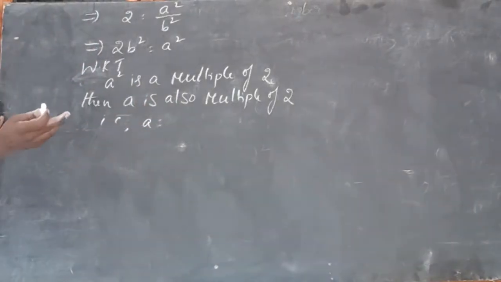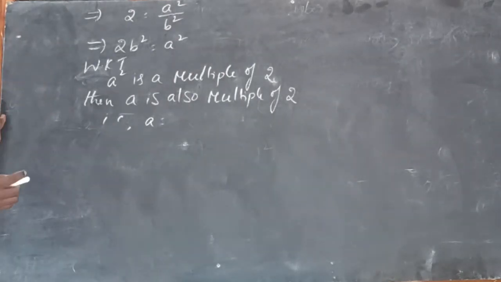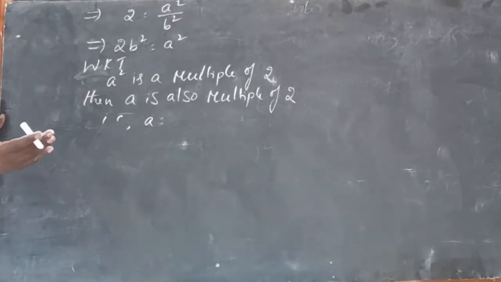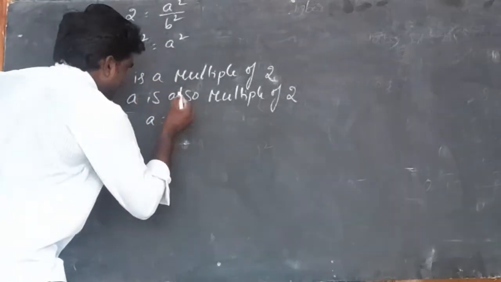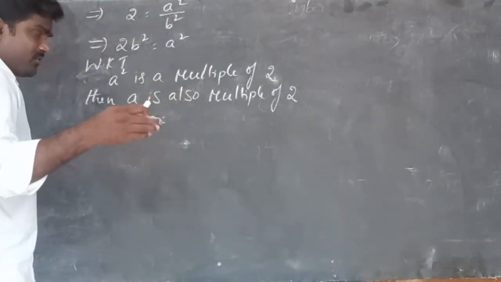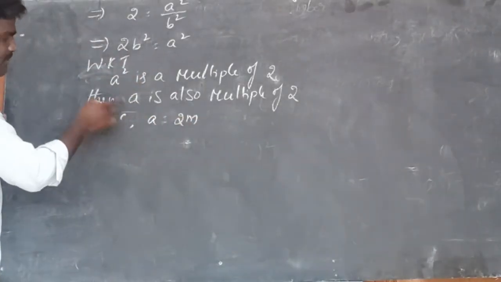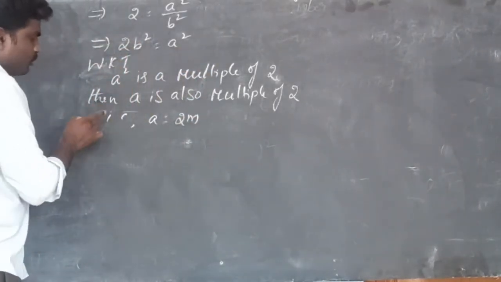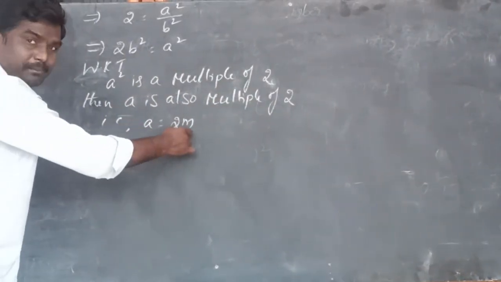A multiple of 2 is nothing but an even number. Even numbers are in the form of 2n. Okay, n means what? Natural number. Not only n, we can take any symbol, so that is 2n. So understand this: a square is a multiple of 2, then a is also a multiple of 2. That is, a is equal to 2m.